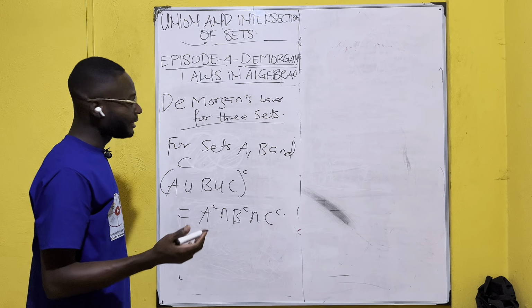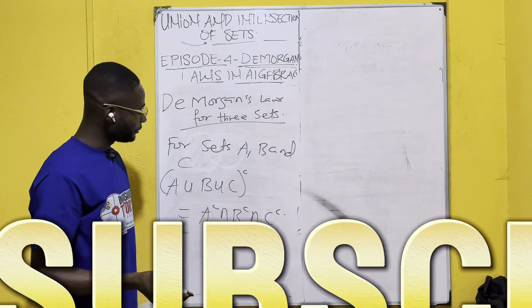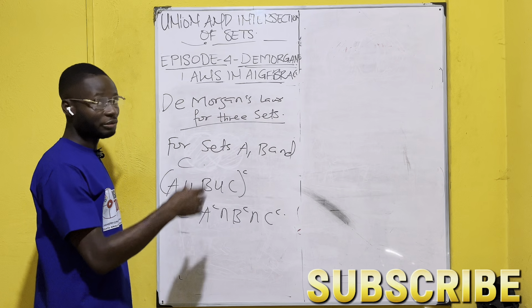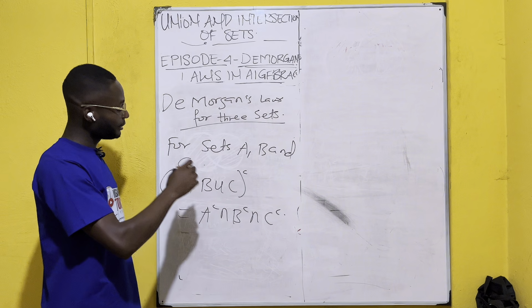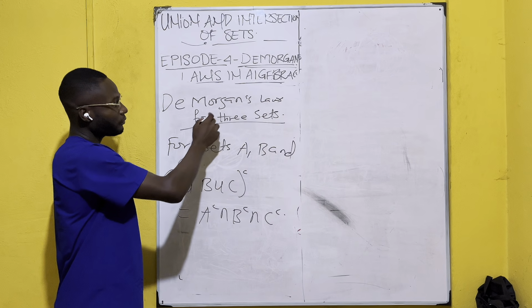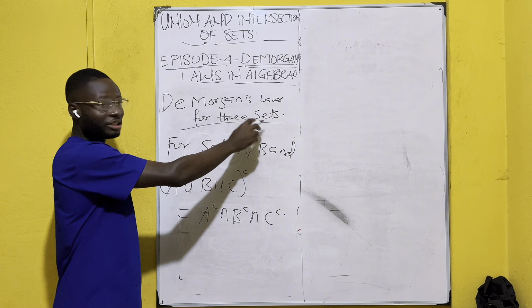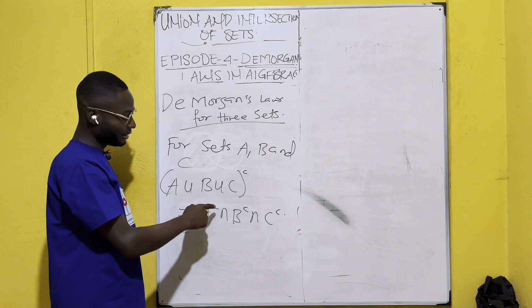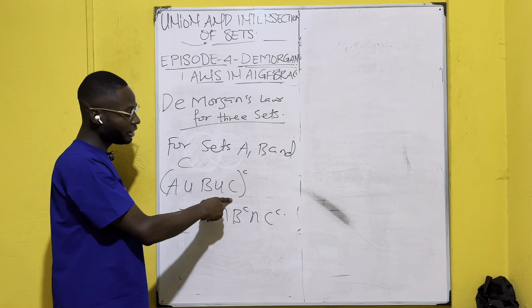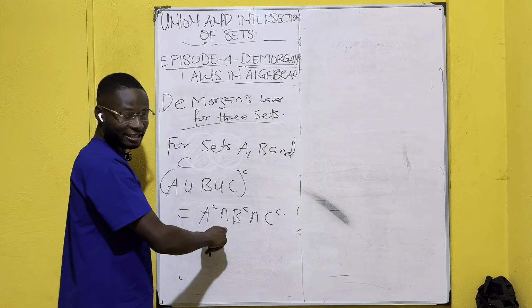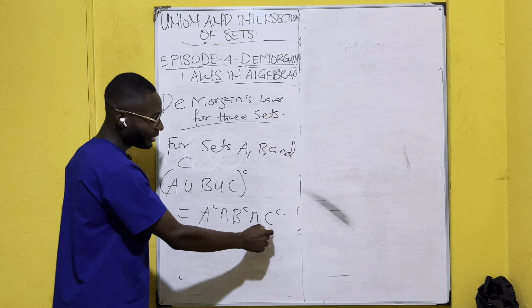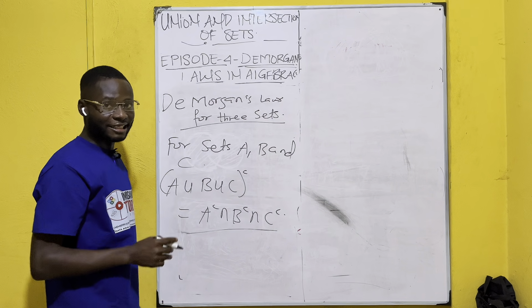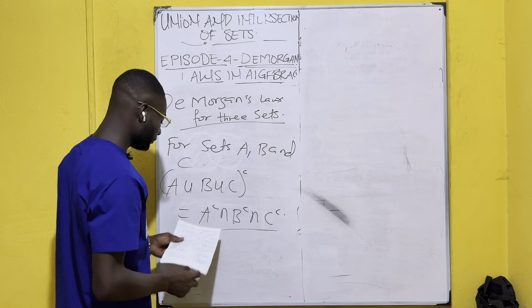As I said earlier, it is just an extension. In De Morgan's law for two sets, we only had the complement of A union B, but now we have A union B union C, and the intersection too has extended. There is nothing new in this.